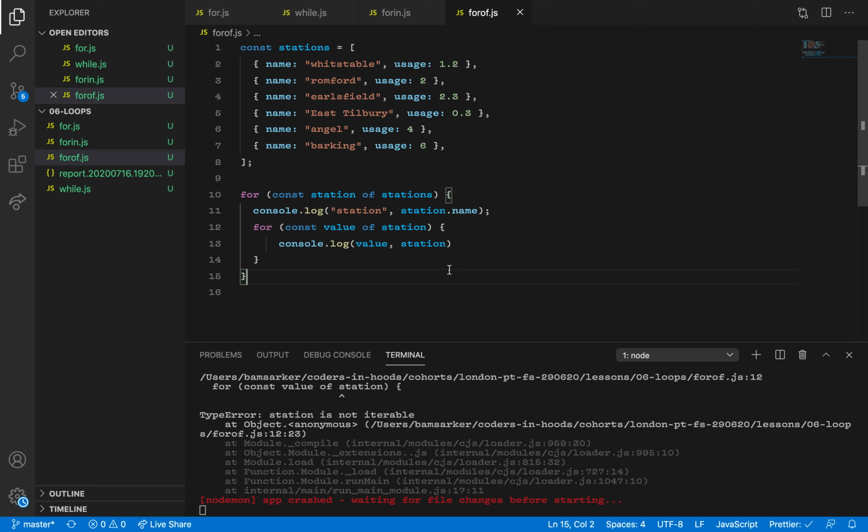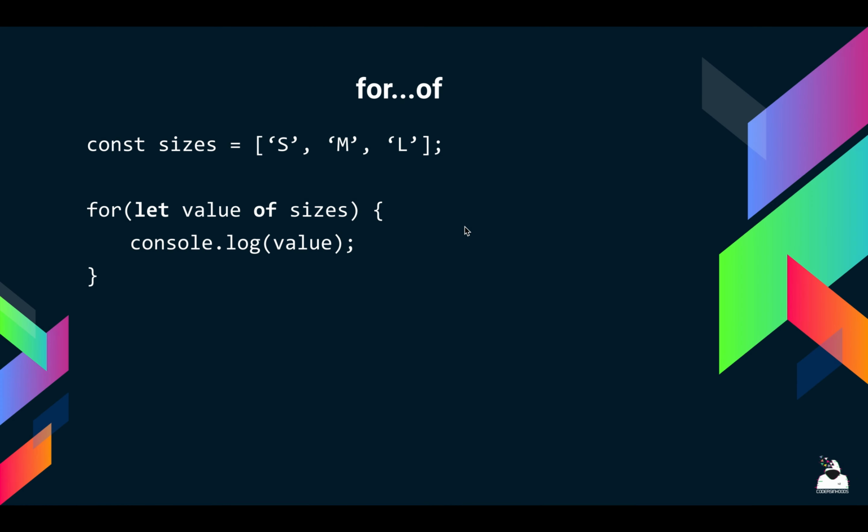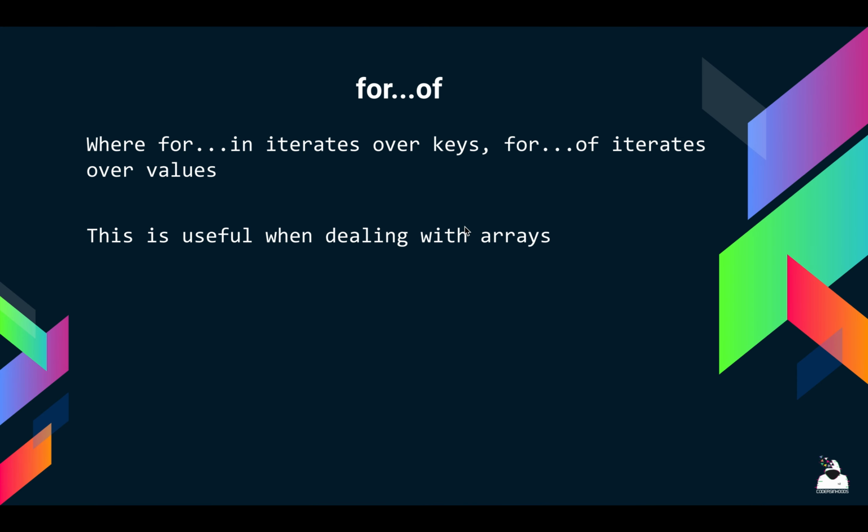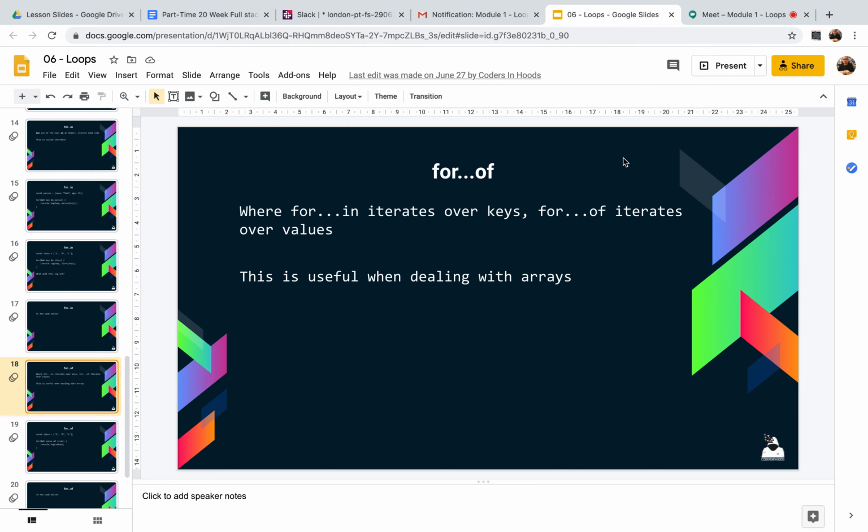Really? Station, value of station. Can for of not be used on objects? So I've said here this is useful when dealing with arrays, but is it true?